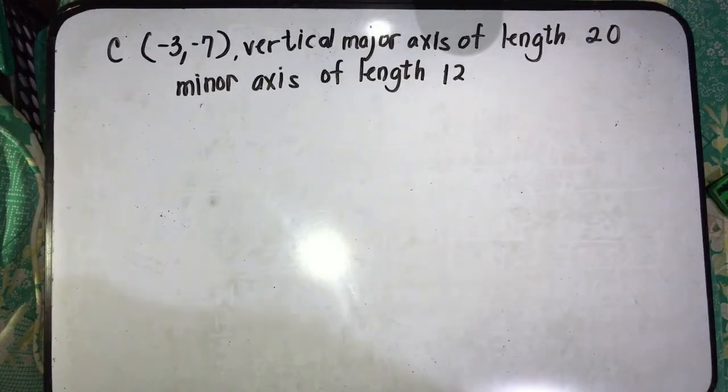So this will be the given. The center is -3, -7, vertical major axis of length 20, minor axis of length 12. So how do we solve this?